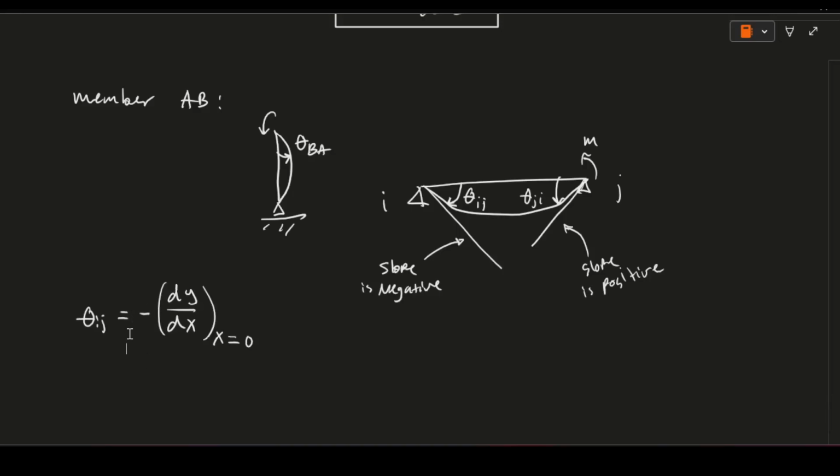That's why it's negative. And theta ji is just dy/dx inserted at x equals L.